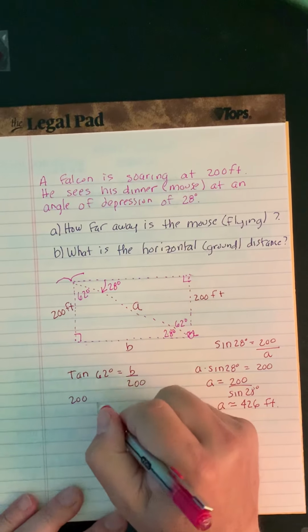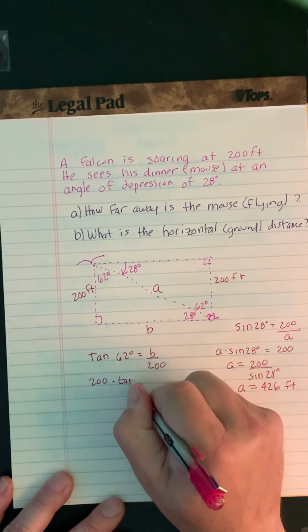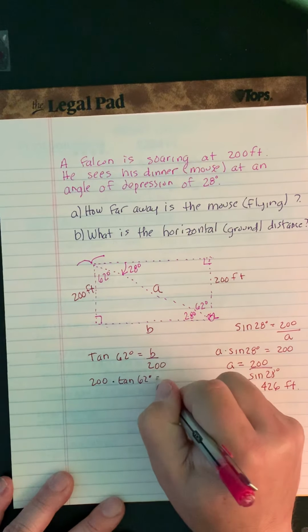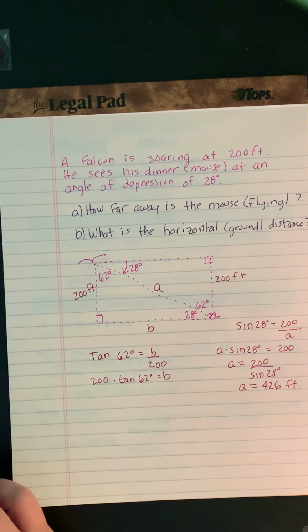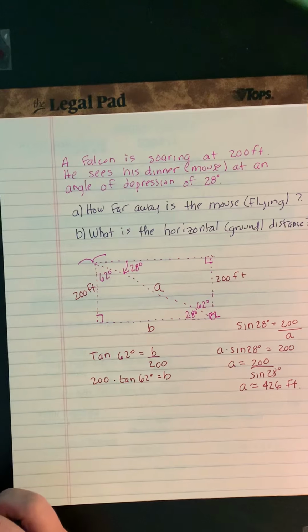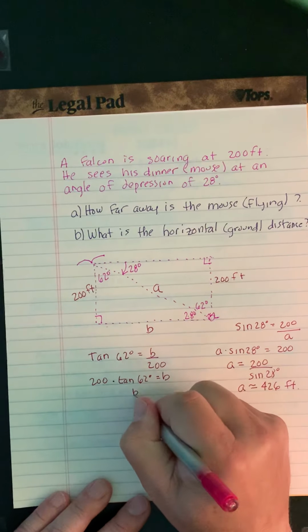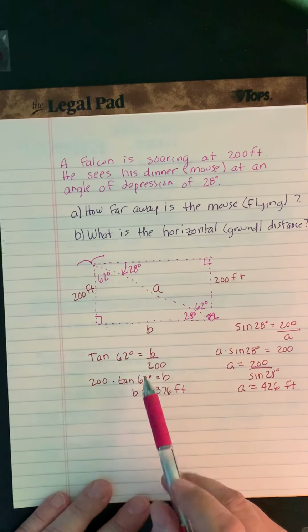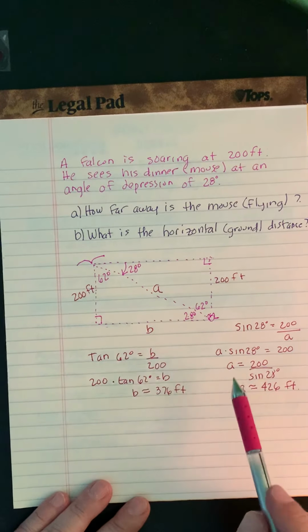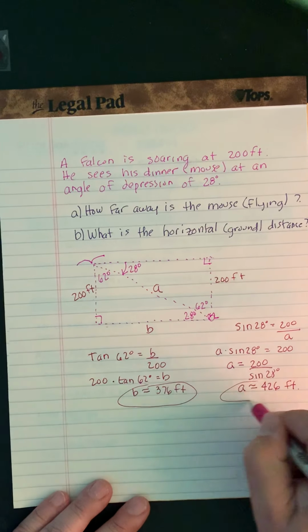So 200 times the tangent of 62 equals b. 200 times tan 62 equals about 376. And you can see that that is less than the hypotenuse, and it better be. And so those would be my two distances.